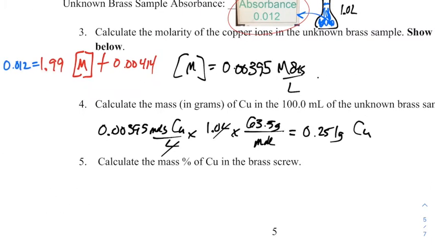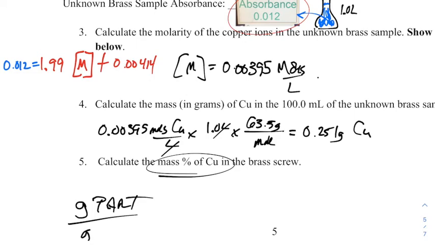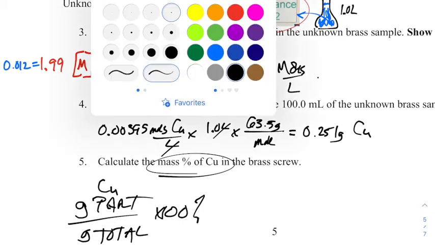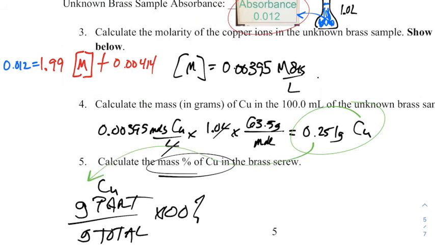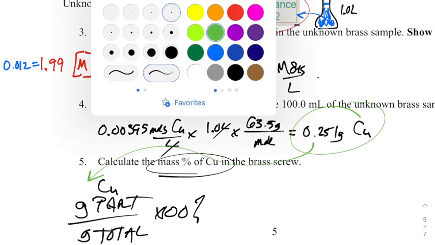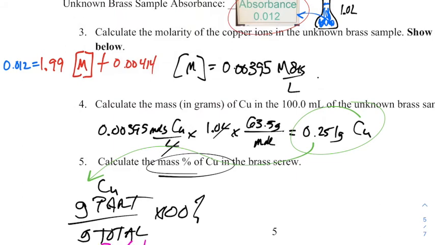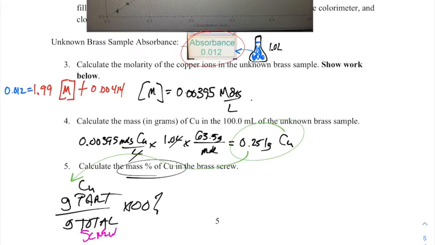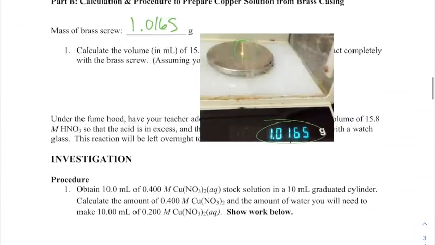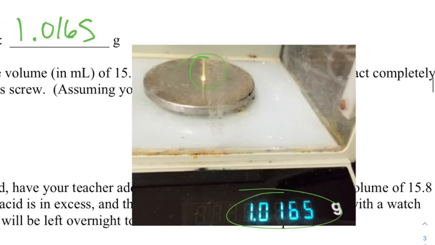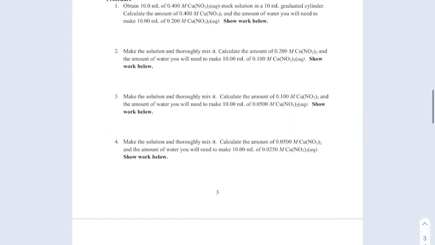So if that's the case, and I want to know what the mass percent of the copper is in the brass screw, then all I have to do is take the grams part divided by the grams total times 100%. The grams part is the copper that I'm interested in. That's what I just calculated here. That's my 0.251. My grams total is the total mass of the screw that I started with. And that goes way back to what I started with way back up here. Remember that the screw itself had a mass of 1.0165 grams.